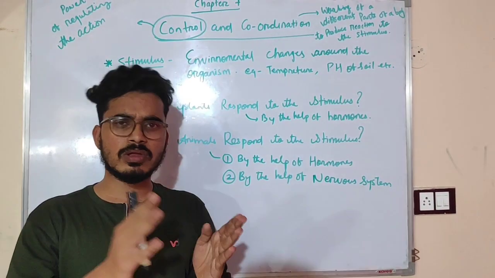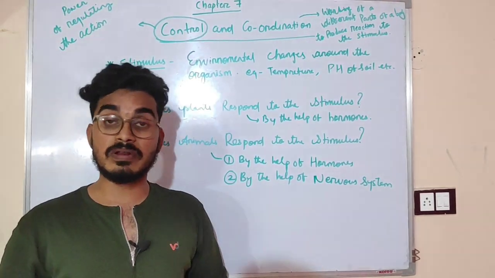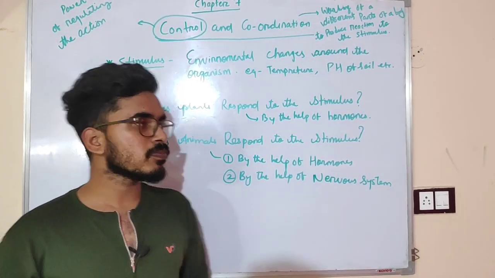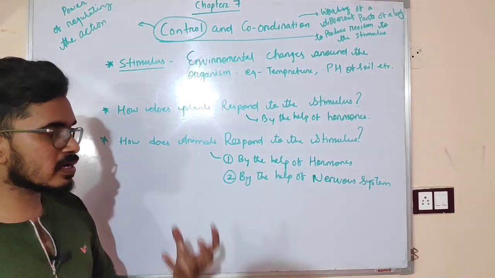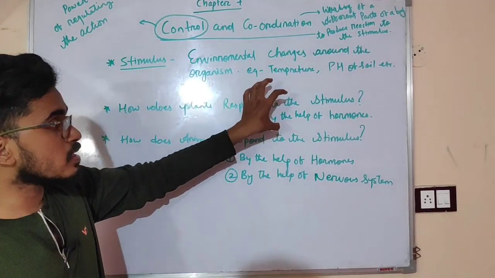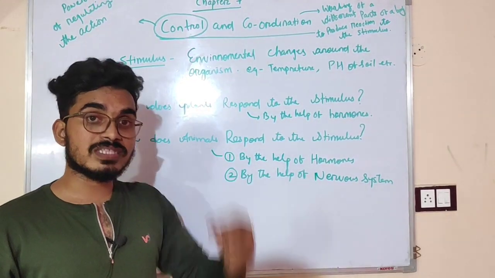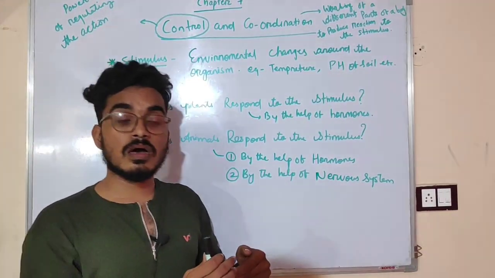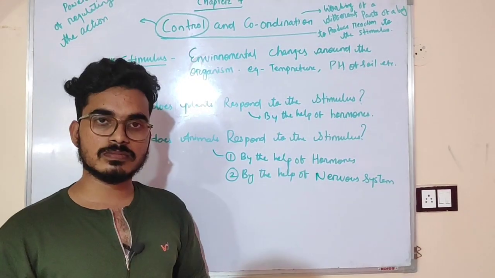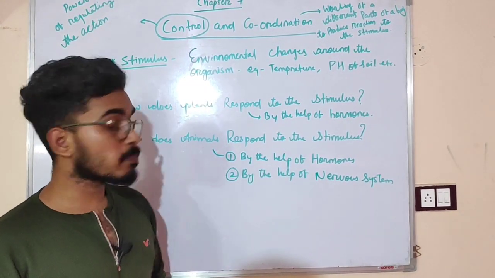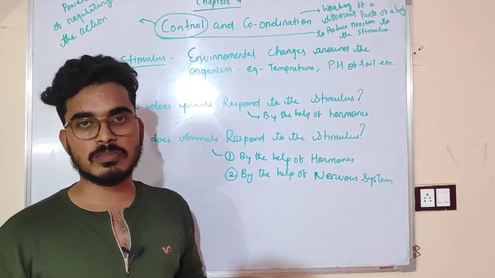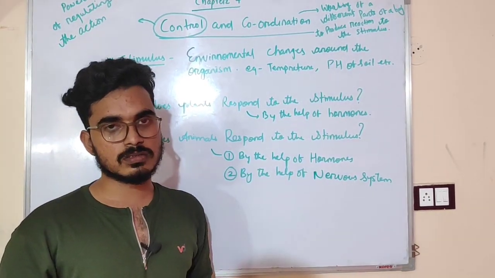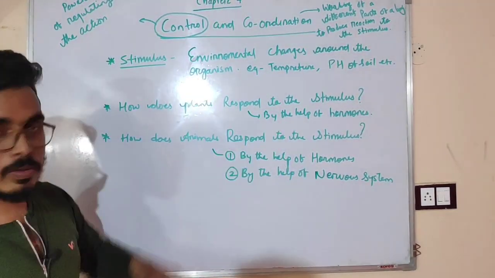Briefly we are going to discuss that in another video. For now, just understand that in plants there are some hormones which help to perform the reaction in response to the stimulus.